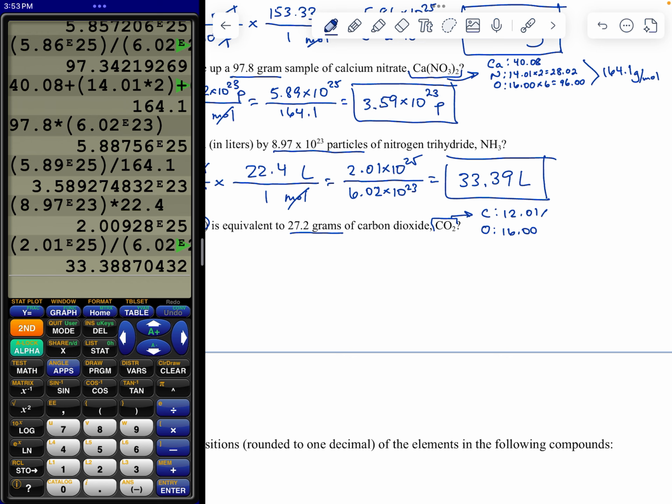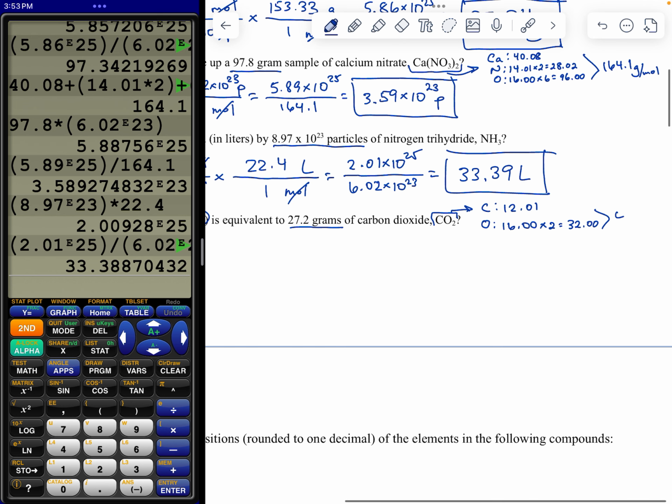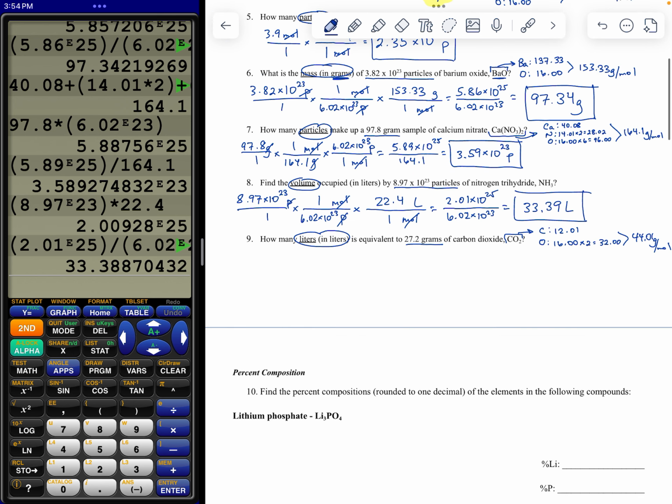We end up with just 1 carbon, 2 oxygen gives us 32. And then, of course, that's going to give us 44.01 grams per mole. So there's our molar mass for our conversion factor.